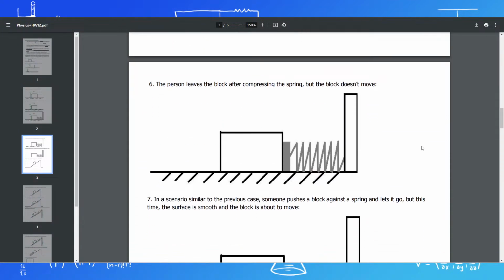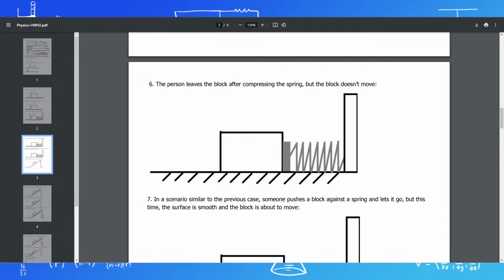Okay, diagram 6. The person leaves the block after compressing the spring, but the block doesn't move. Okay, block not moving. I need to remember to just not click these pens since I'm still using them. That's a habit that's gonna take a while to develop.